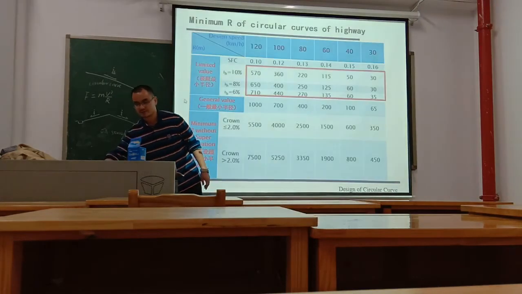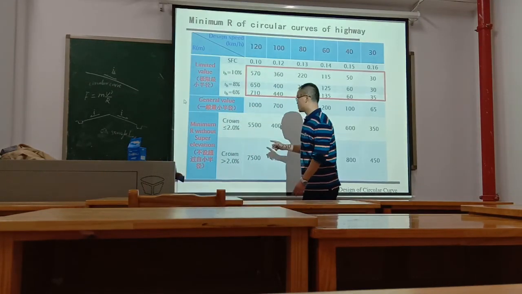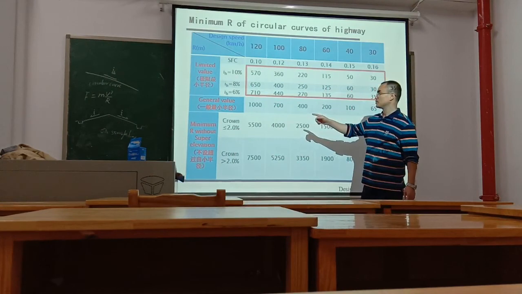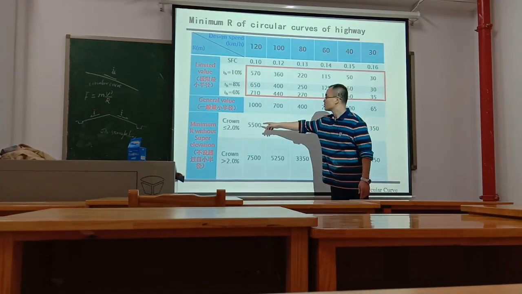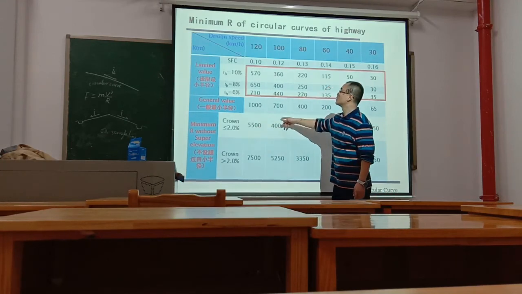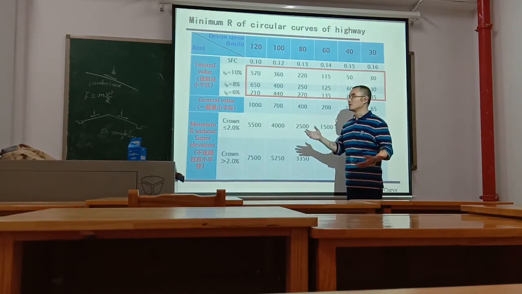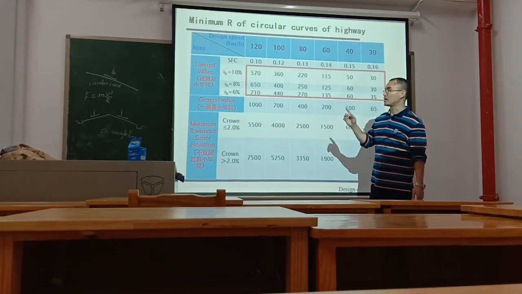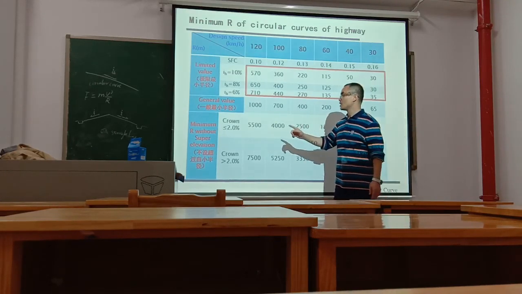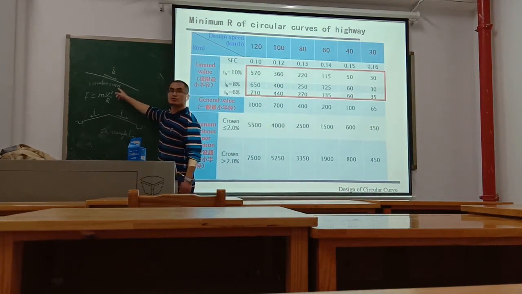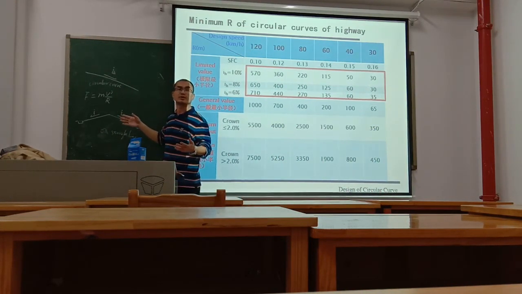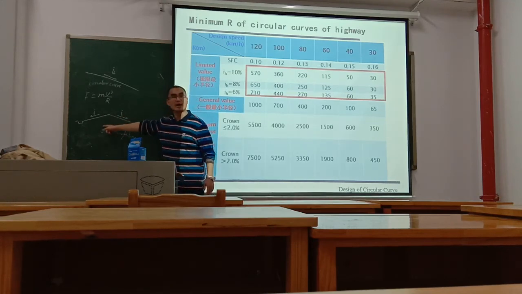If the radius is larger than this value, then super elevation is not necessary. You can keep the two-way cross slope.